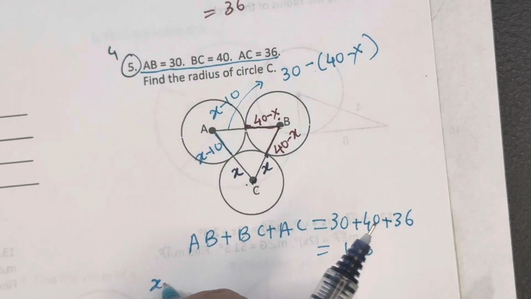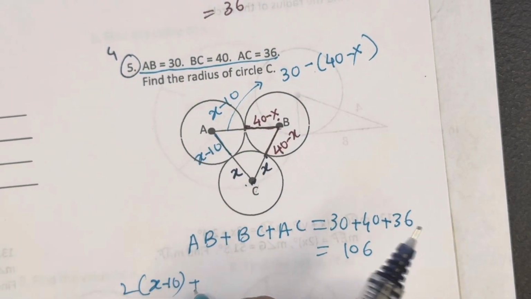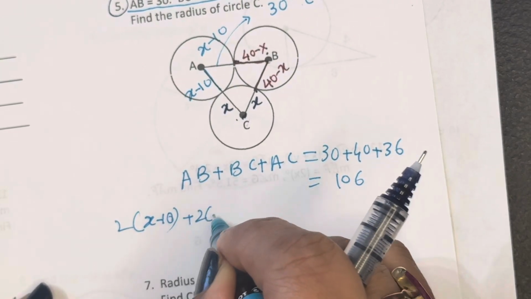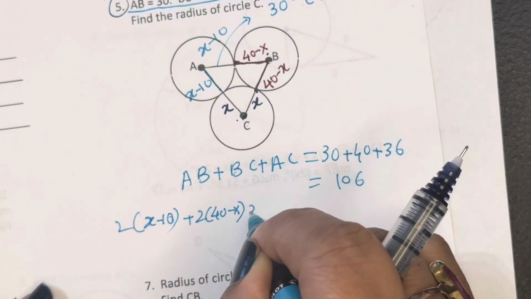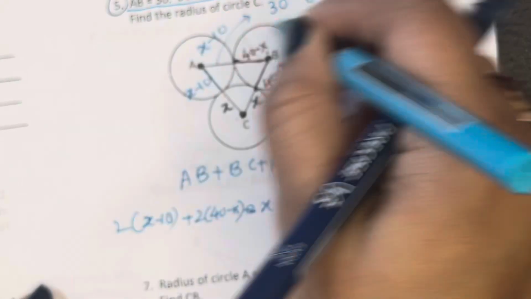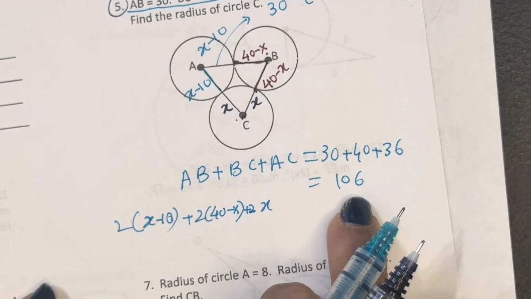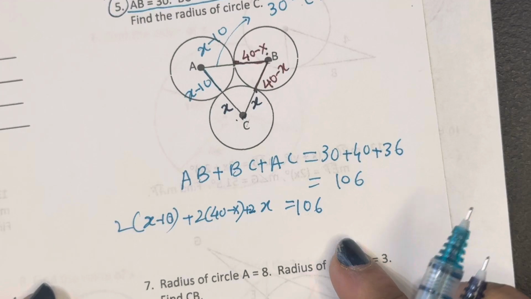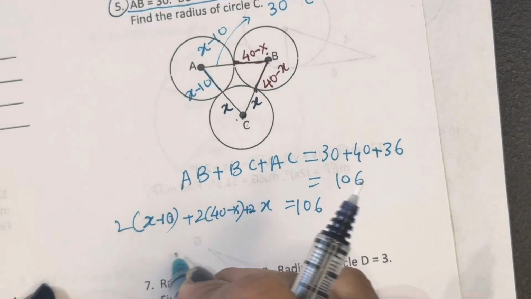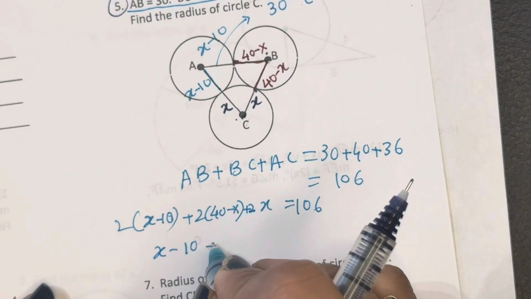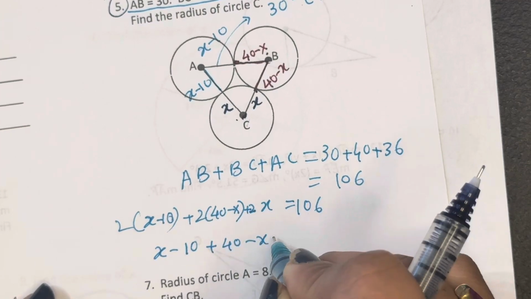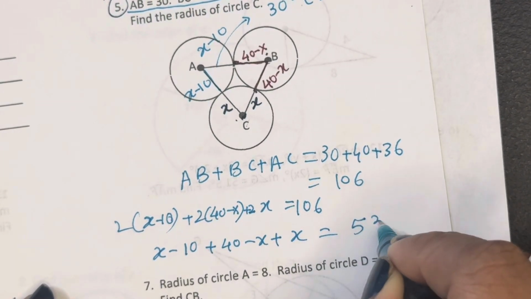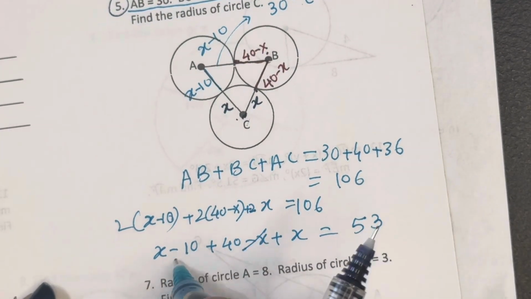AB is X minus 10 two times, and two times 40 minus X, and two times X, right? All of them, add all of them, that should be equal to 106. Since there is 2 in all of them, I am dividing by 2. So it is X minus 10 plus 40 minus X plus X is equal to, I'm dividing by 2, so it will be 53. Now solve for X. X gets cancelled.